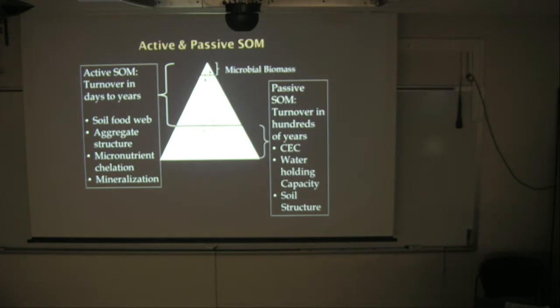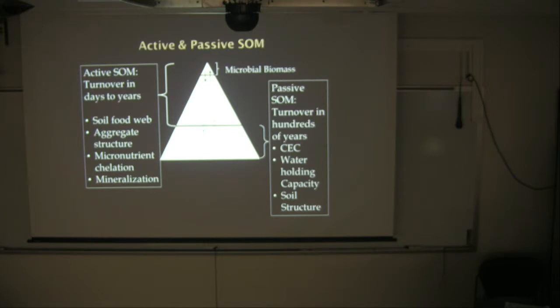In further understanding soil organic matter, it's often divided into various pools based on turnover time. In its simplest form, it can be represented as 2 pools, an active pool and a passive pool. The active pool turns over in anywhere from a few days to several years, and the passive pool has a turnover time of hundreds of years or more.